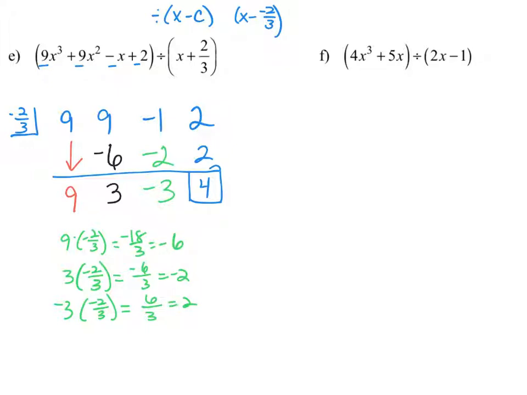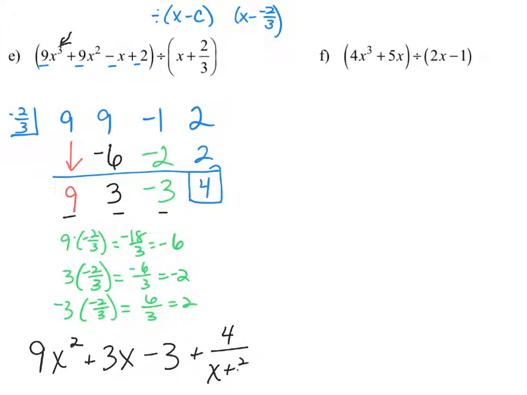Our answer now, we use the 9, 3, and negative 3 as coefficients. The numbers below the line we're going to use as coefficients. So I'm going to use 9 as the first coefficient of my answer. Since the original problem was an x to the third power, the answer is reducing that power by 1. Since we're dividing, we get 9x squared plus 3x to the first minus 3 plus our remainder 4 divided by x plus 2/3.